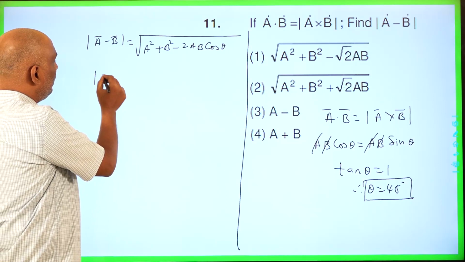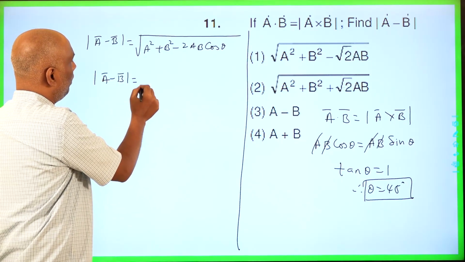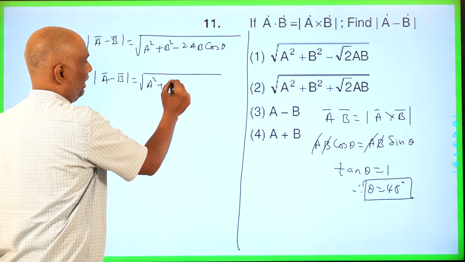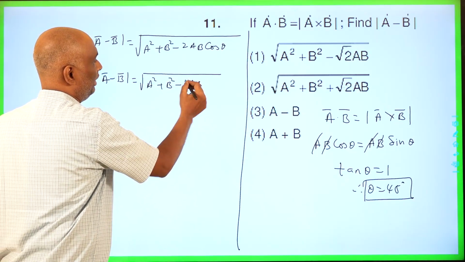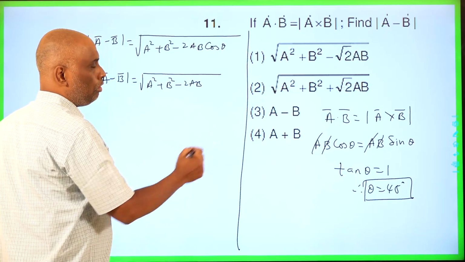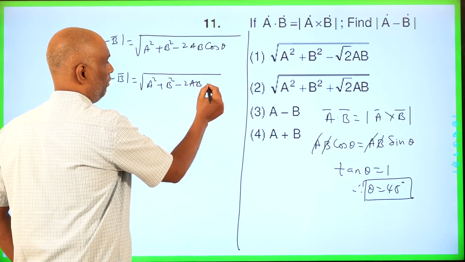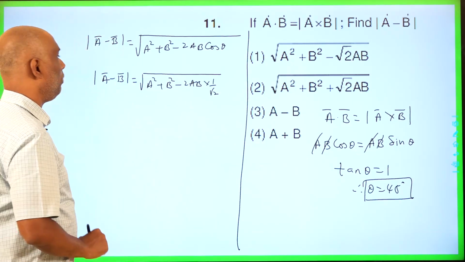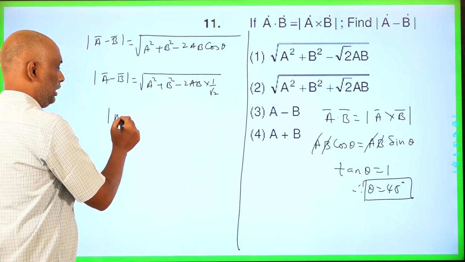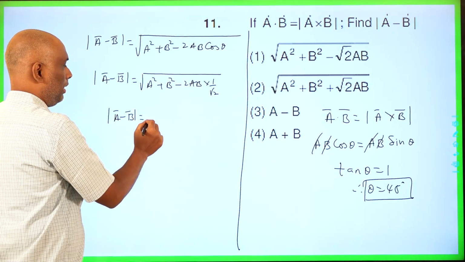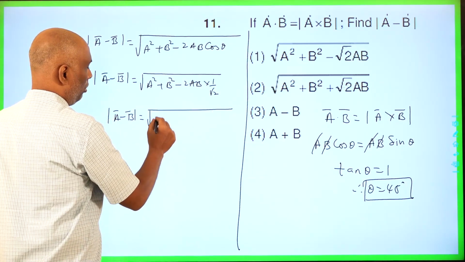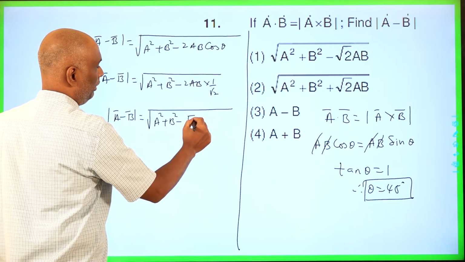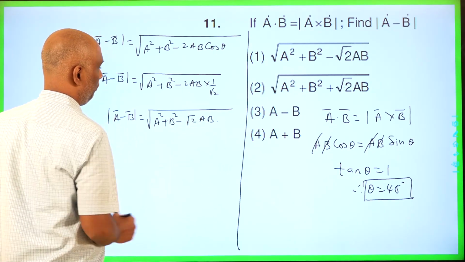So, modulus of A bar minus B bar will be equal to root of A square plus B square minus 2AB into cos 45. Cos 45 is equal to 1 divided by root 2. 1 by root 2 will get cancelled with the 2. So, modulus of A bar minus B bar will be equal to root of A square plus B square minus root 2 AB.